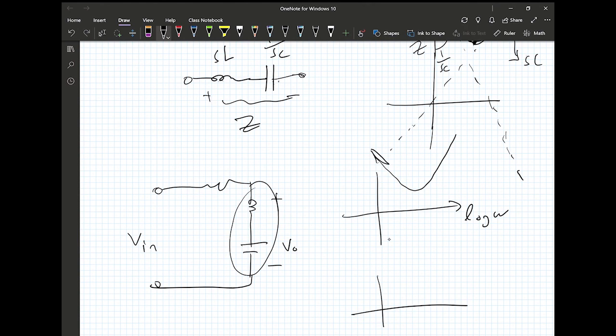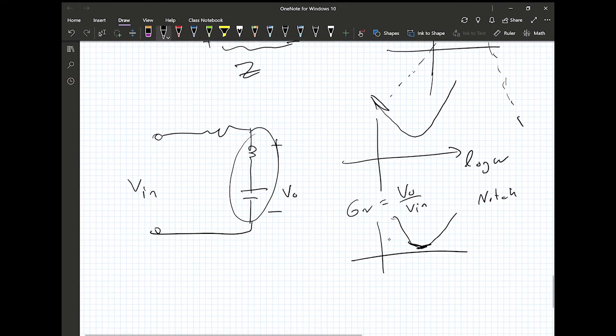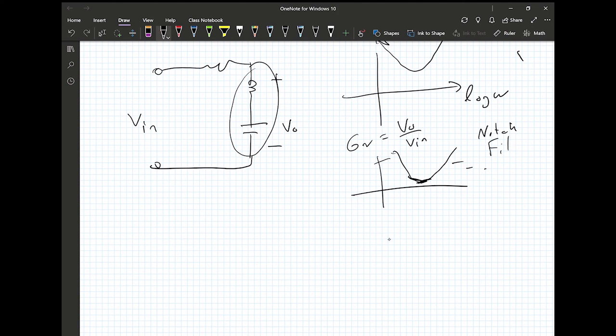So that means the gain is going to be minimum, GV, this is Vo over Vn. It's going to be minimum at a certain frequency range, and then the impedance goes higher while we're outside that range, so the gain increases. So this is what's called a notch filter, meaning the gain is minimum at a certain frequency range, right? If we do the opposite, and then we pass the low frequencies and the high frequencies. This is an example of a notch filter.